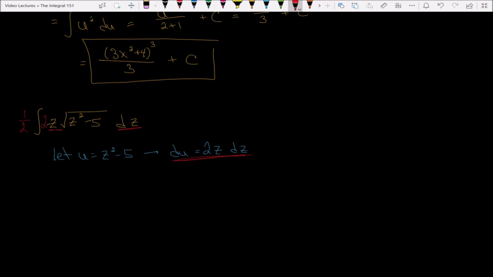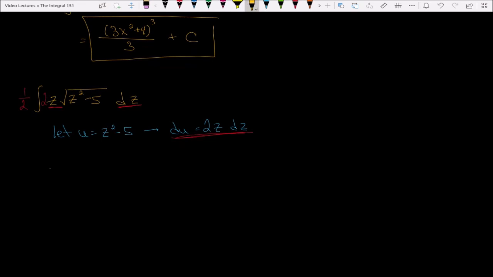Well, now we have the 2z dz. So we can write this as 1/2 antiderivative square root of u du, which is 1/2 times the antiderivative of u to the 1/2 power du. That is a power rule. 1/2 u to the 1/2 plus 1 all over 1/2 plus 1.